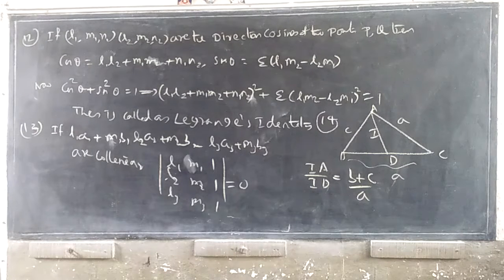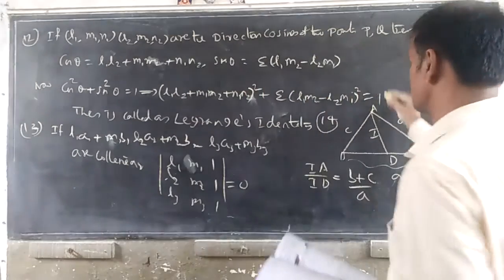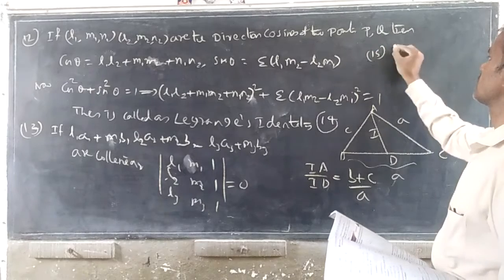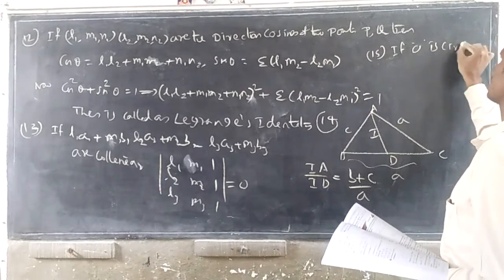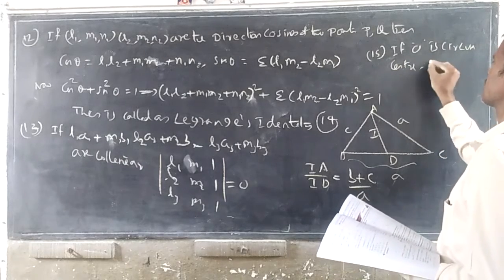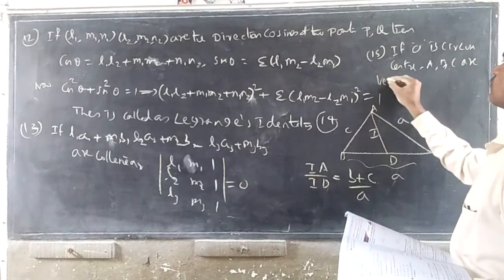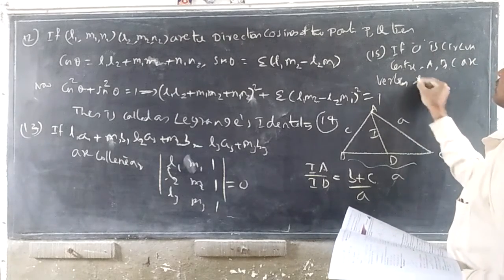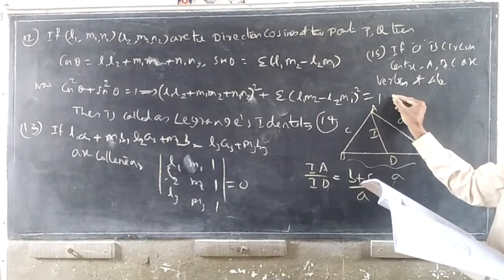If O is the circumcenter in triangle ABC, 15th question. A, B, C are vertices of the triangle and O is the circumcenter.